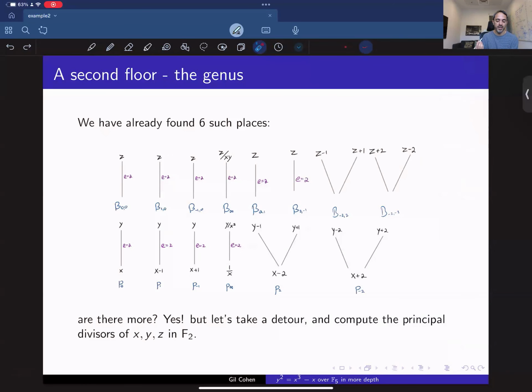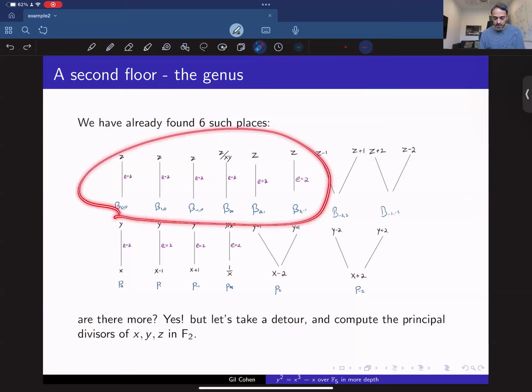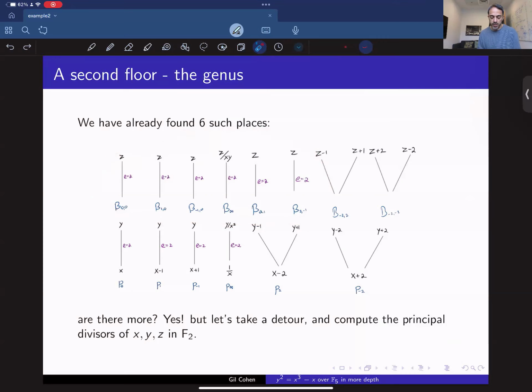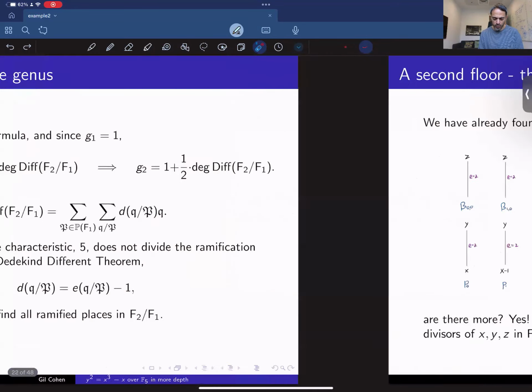And actually we found already 6 places that ramify, right? In this extension, sorry, F2 over F1. Right, so these 6 are from a previous calculation that we did. And so this already means that the genus is at least 4 or something, right?